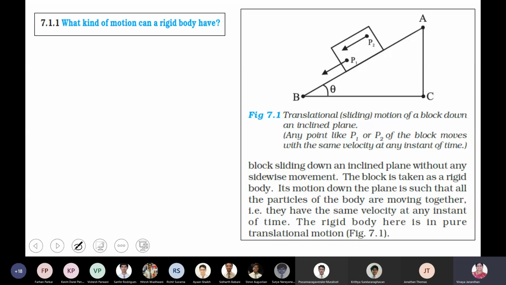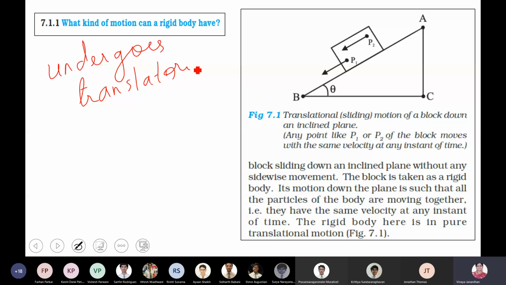Next line. When a rigid body undergoes translatory motion, first point is each particle moves with the same velocity.